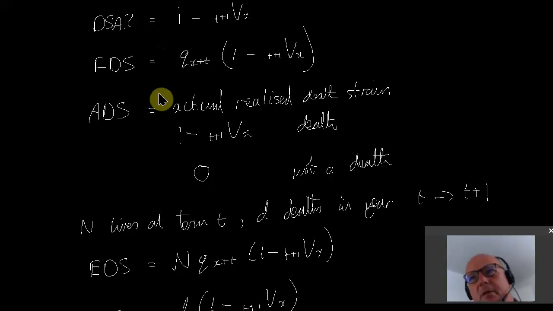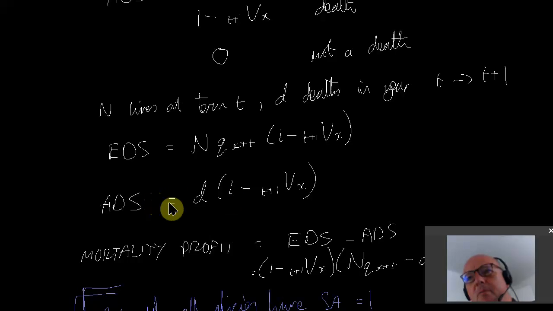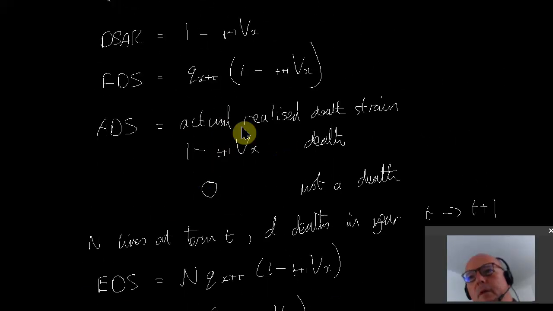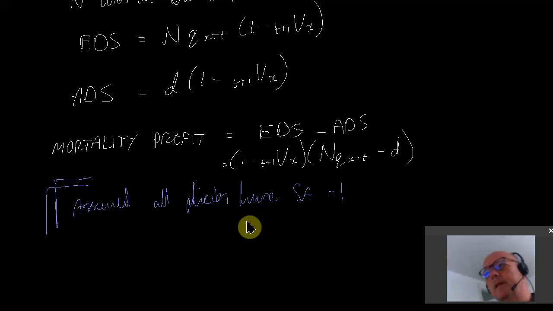So we have the sigma there, and si, where i goes from 1 to n, where s is the sum assured. And the same thing with the actual death strain. Again, we just take the sum of the s's minus that for the actual deaths, and 0 for the non-deaths. So the algebra becomes slightly more complicated when you've got different sum assureds for each life, but that's not a conceptually difficult extension.